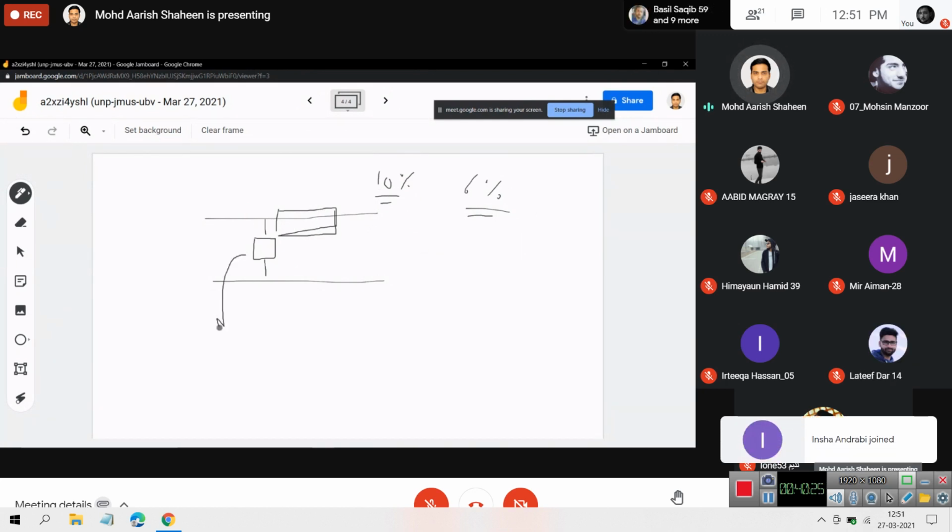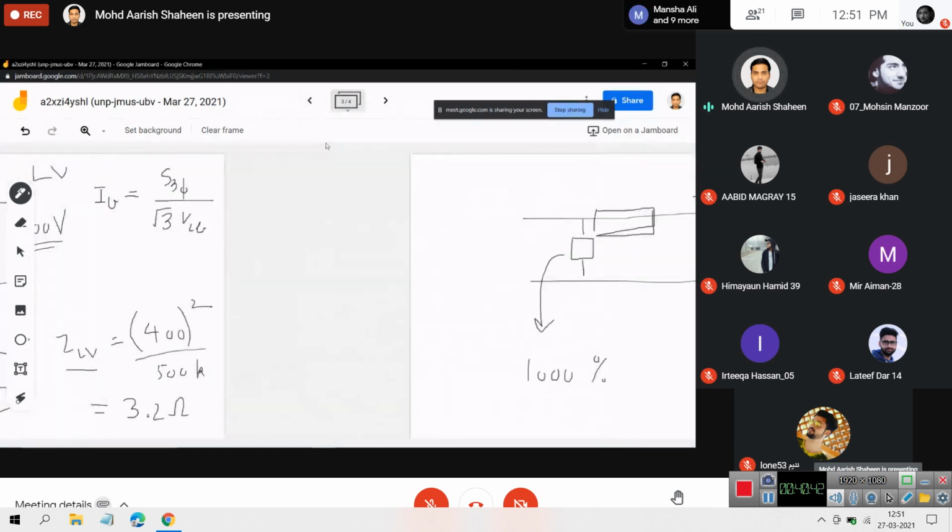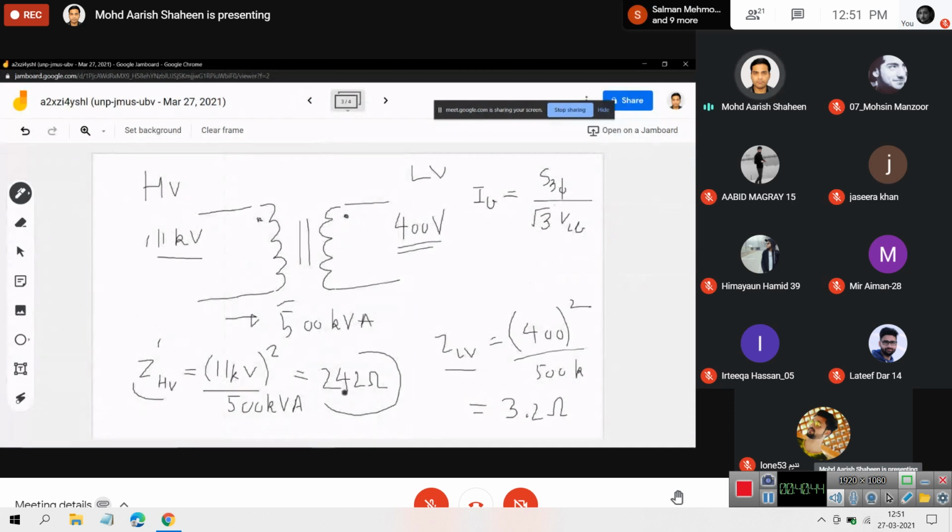Similarly, if I look at this shunt impedance, it is very large, so it can be say 1000%. It can be 2000%. It is some such large number compared to 1%. 100% means you are seeing an impedance, if you refer to the high voltage side, of 242 ohms, or if you take the same impedance on the LV side, you are seeing an impedance of 3.2 ohms.